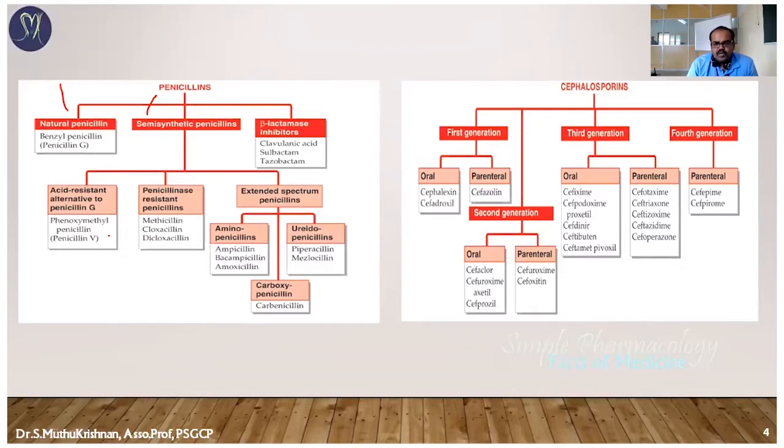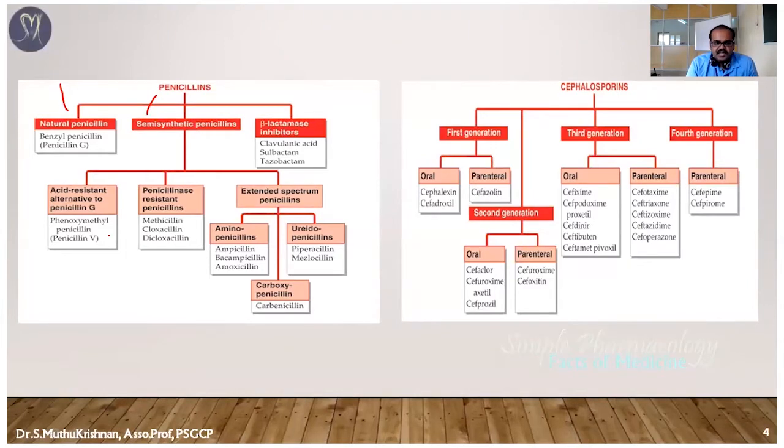To overcome this issue, it has to be converted into a semi-synthetic product. They add some basic groups to resist the acidic condition and survive in the stomach's acidic environment. Through that, they are converted into tablet formulations. The important drug is phenoxymethyl penicillin.